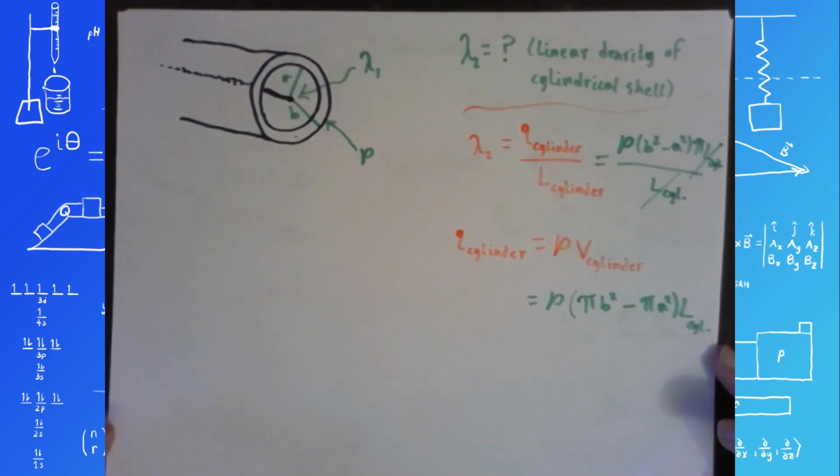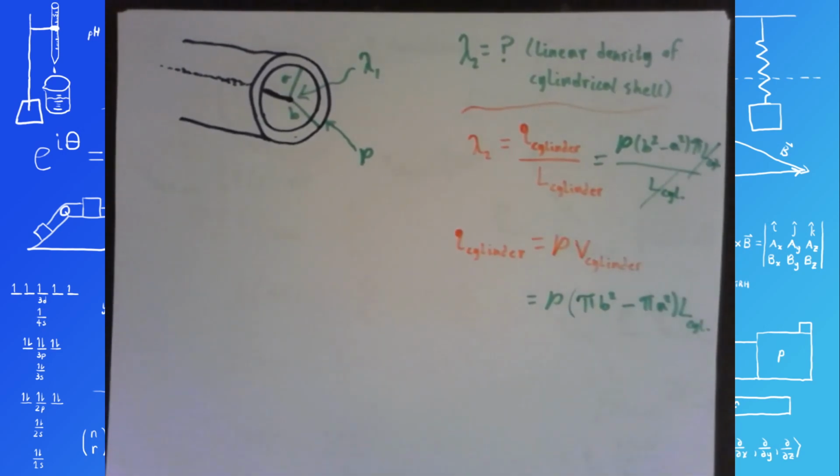We can get away with canceling these infinite lengths because we're not actually working with an infinite length. That's just something that we assume to simplify our calculations a little bit. If we did this in practice, we would be working with some sort of cylindrical cable that's very long, yes, but not infinitely long. So we can get away with canceling this length.